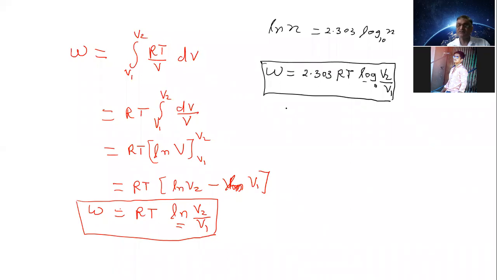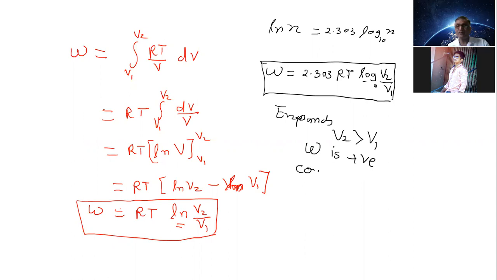Now see here, when the gas expands, means V2 is greater than V1, in that case work done is positive.